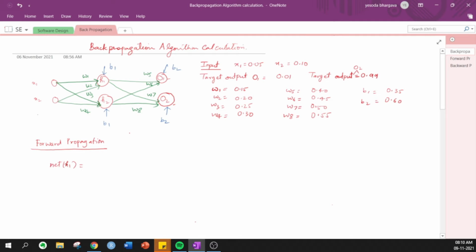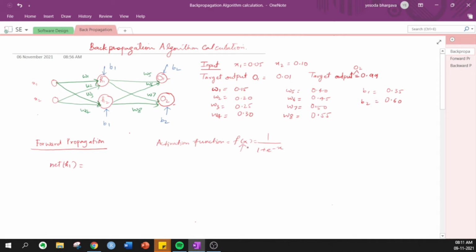The neurons receive the information, they compute some value, and that value is then passed through a non-linear function. That is called the activation function. The activation function we have used is sigmoid, generally represented like this. This is the activation function we are using.